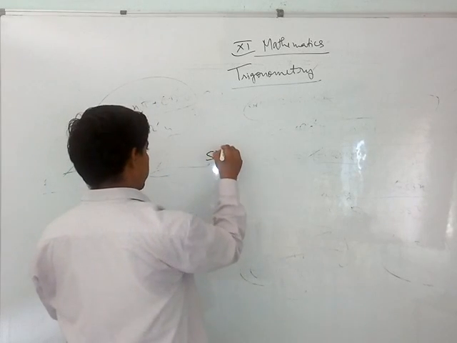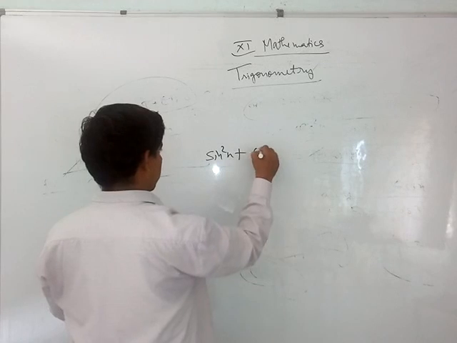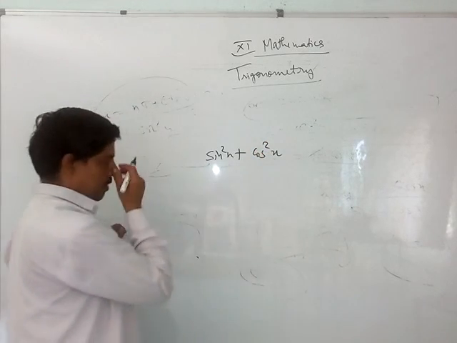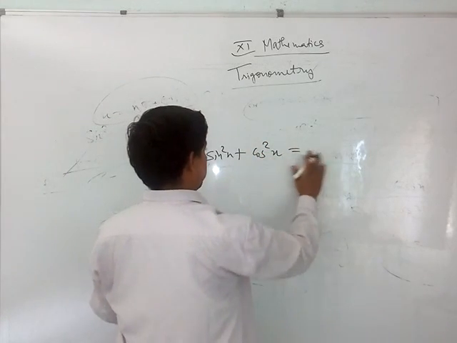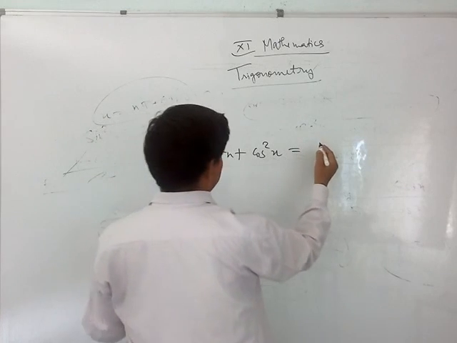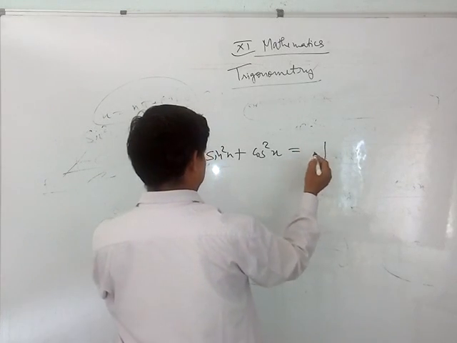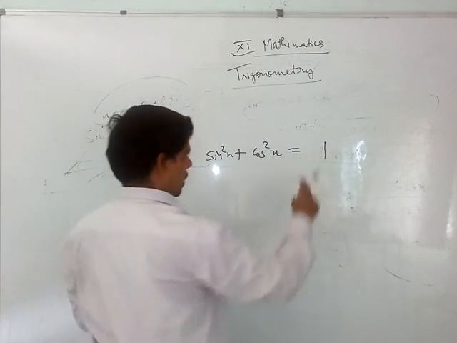Like you can try this: sin square x plus cos square x is equal to, suppose I write 1. That is already true. This is always true, right?